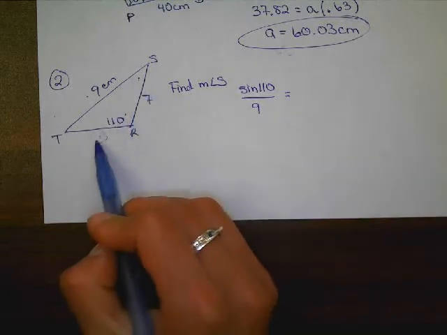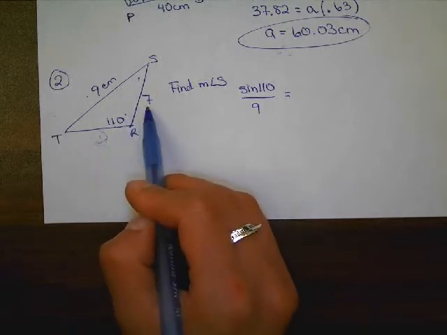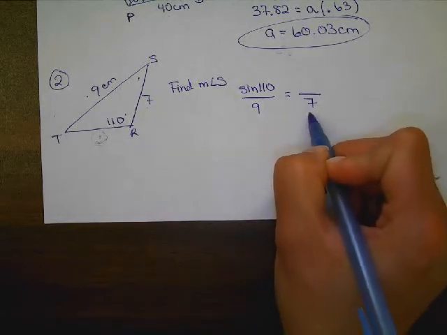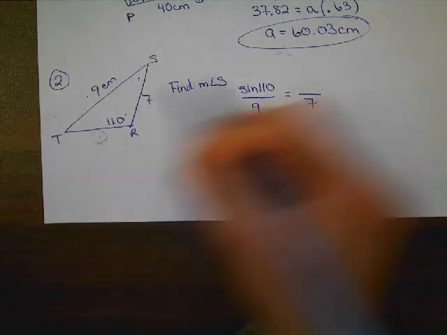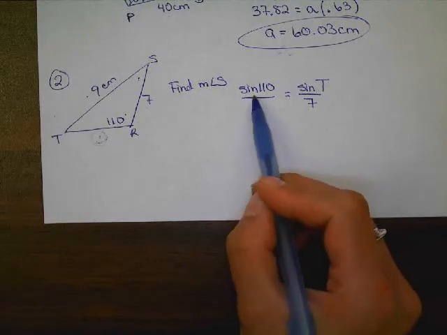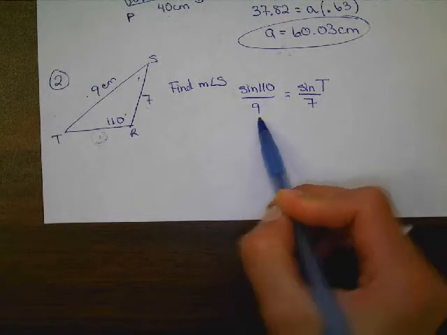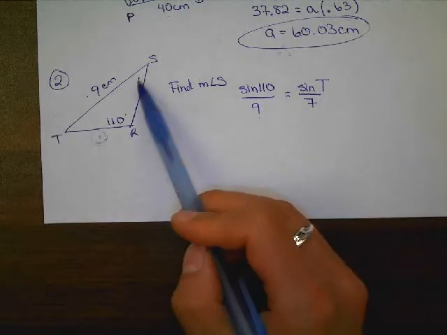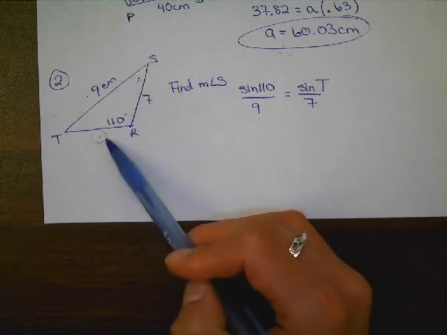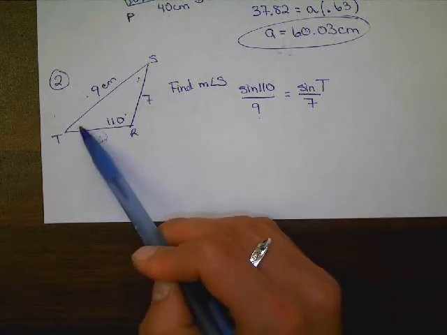Well, we can't use S or the opposite side because we don't know anything there, but we do know that side T is 7, so I can use that. Notice I put it on the bottom because that's where the side goes, and then angle of T. So now I use the angle R, which is sine of 110, divided by side R as 9. And again, our ultimate goal is to find S, but since we don't know that, I've got to do an in-between step. I'm going to use this 7 that they gave me for side T to figure out what angle T is.